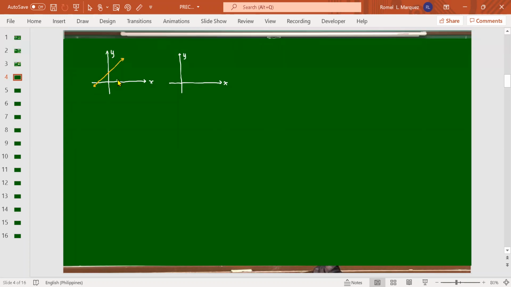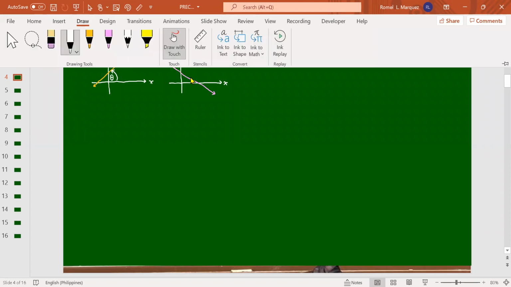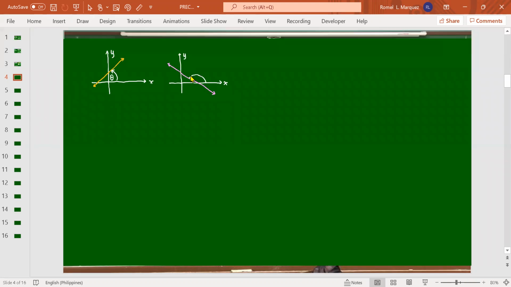So from the positive direction of the x-axis going to the line, let's call it theta. Or you can have an obtuse angle if your line is in this position. So the arrow is pointing to the line. So this is our angle.